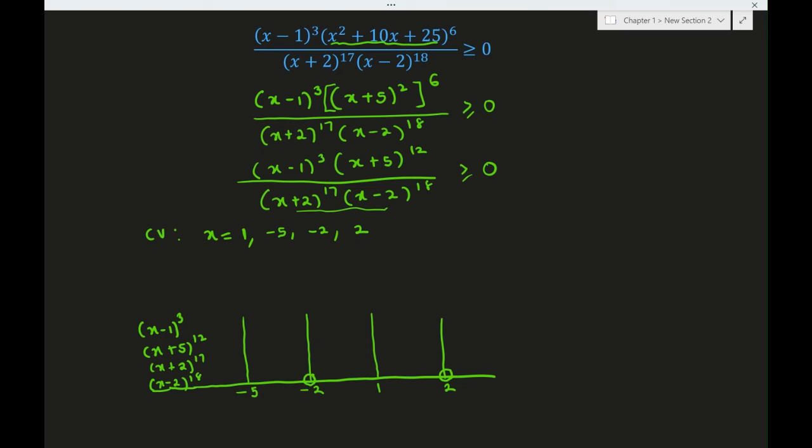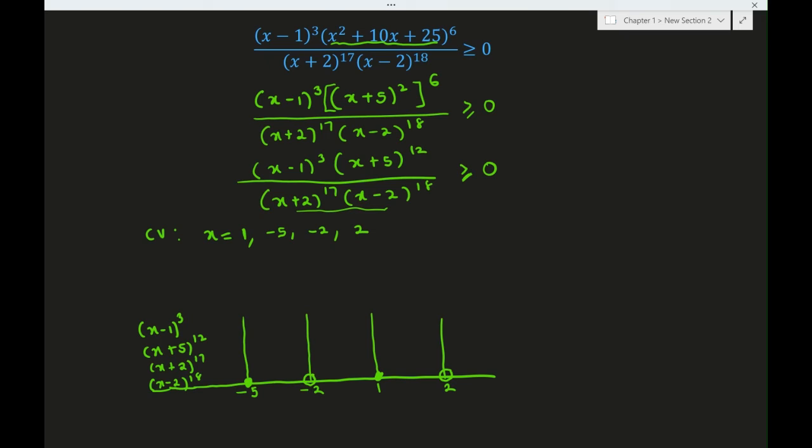But the zeros coming from the numerator, x equals minus 5 and 1, we close them, because we have equals to 0: at x equals minus 5 we will have 0, and at x equals 1 we'll also have 0.